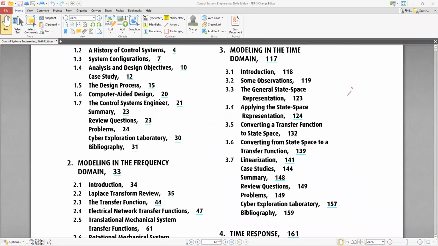chapter 1, one question. Chapter 2, one question. Chapter 3, one question. So in total 3 questions.